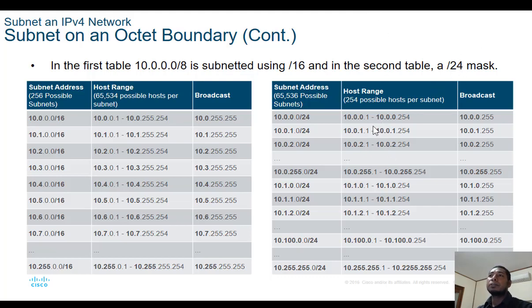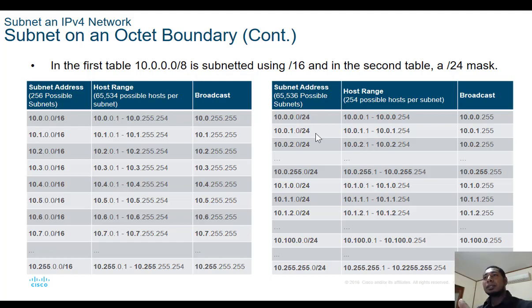Now look at the second table, subnetted using a /24. Notice that we are now working with the third octet, because the last octet represents the host. So we have 10.0.0.0, that's the first.